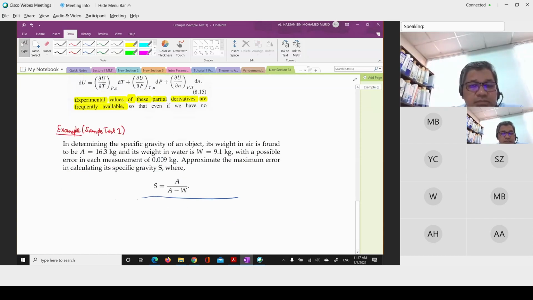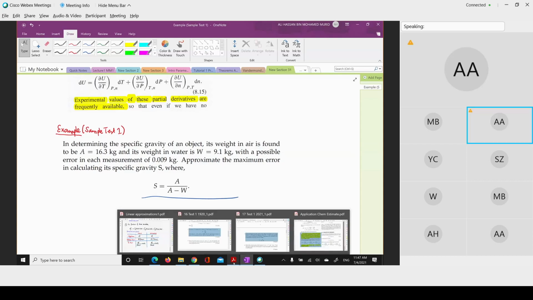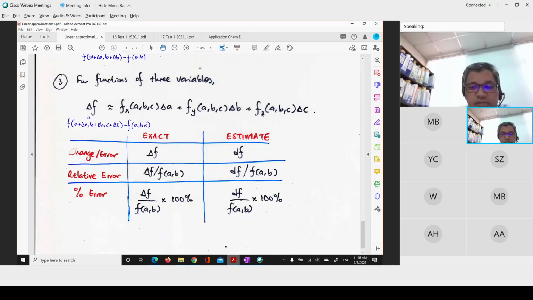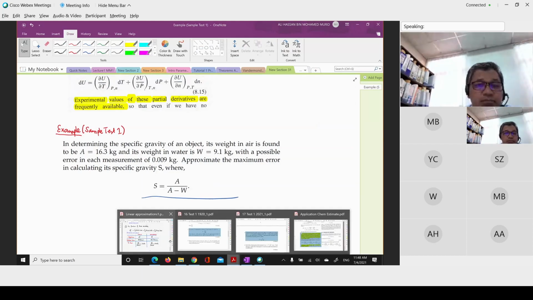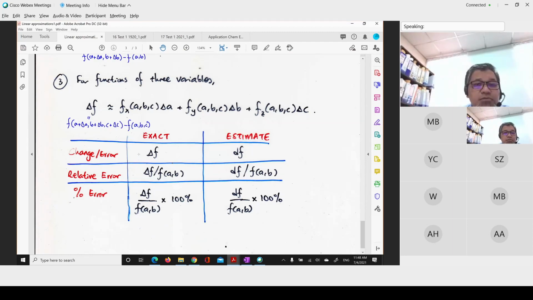Here we are talking about error. The question is related to error. So remember the table just now? The error here, and also percentage error? No, maximum error. We want the maximum error. So that means we want to estimate the exact error using dF here.